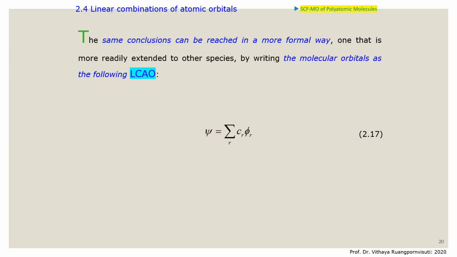The same conclusions can be reached in a more formal way, one that is more readily extended to other species, by writing the molecular orbitals, or MOs, as the following LCAO, as shown in equation 2.16, to build the molecular wave function from the linear combination of atomic orbitals phi.